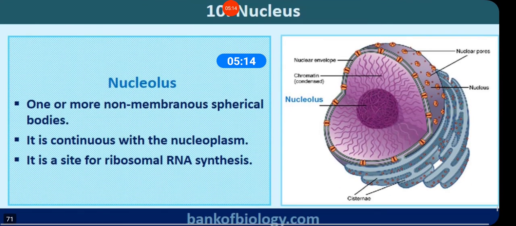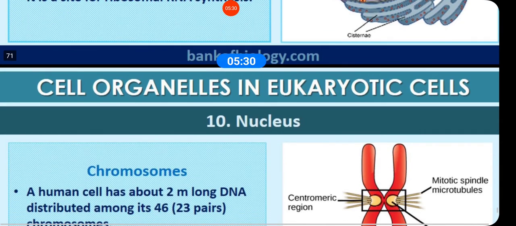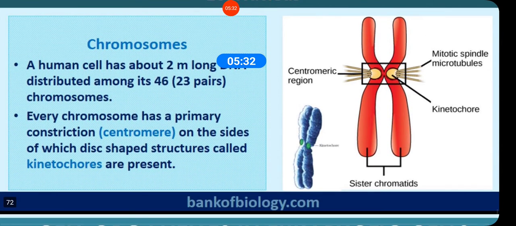Now, what is all about the nucleolus? The nucleolus is a non-membranous spherical body which is continuous with the nucleoplasm, and it is a site for ribosomal RNA synthesis. Fine. Now, more about the chromosome. You can see the diagram.